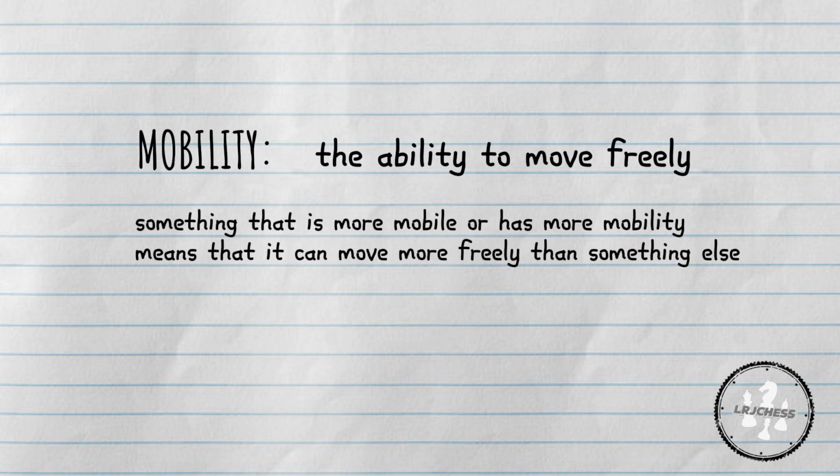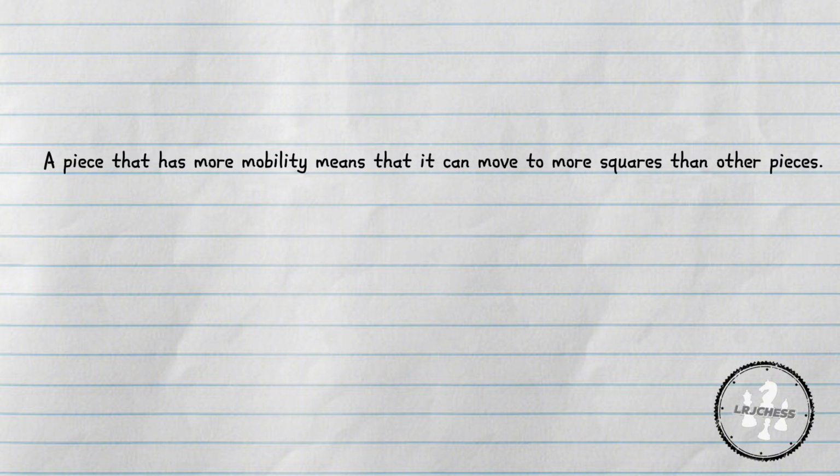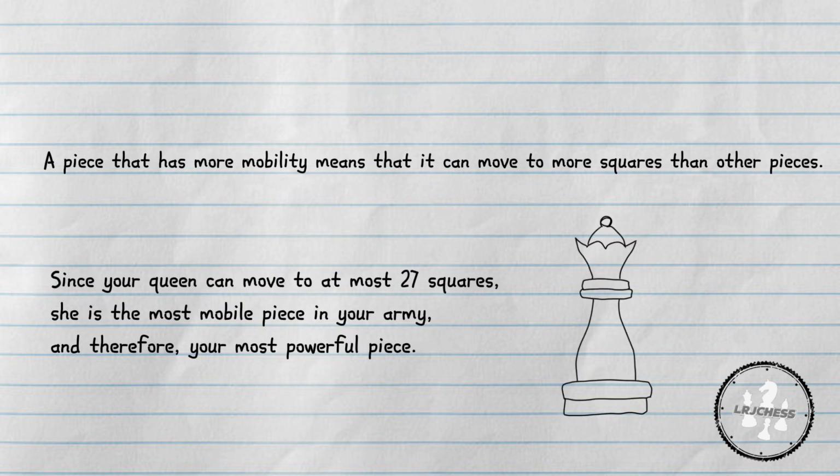So something that is more mobile or has more mobility means that it can move more freely than something else. In terms of chess, a piece that has more mobility means that it can move to more squares than other pieces. Since your queen can move to at most 27 squares, she is your most mobile piece in your army by far, and by extension, your most powerful piece because of it.